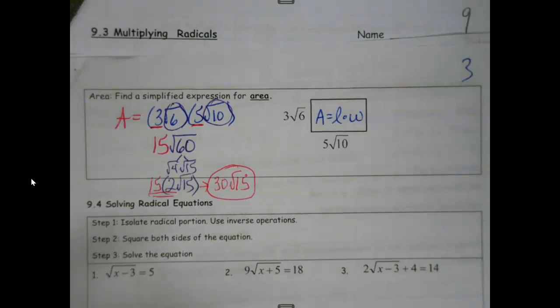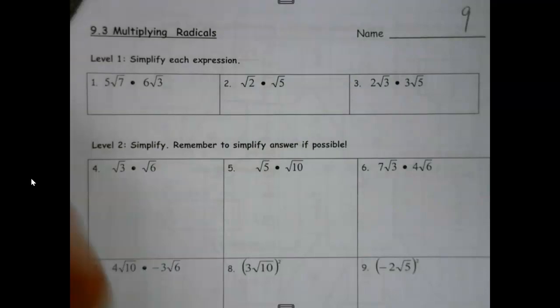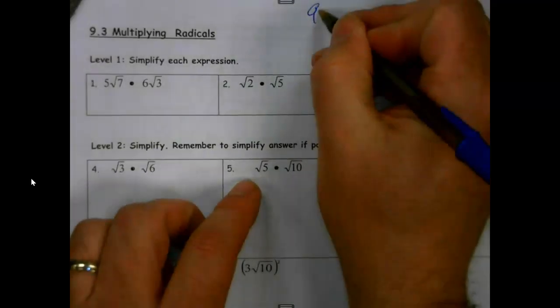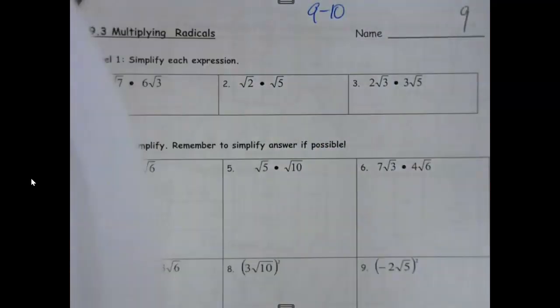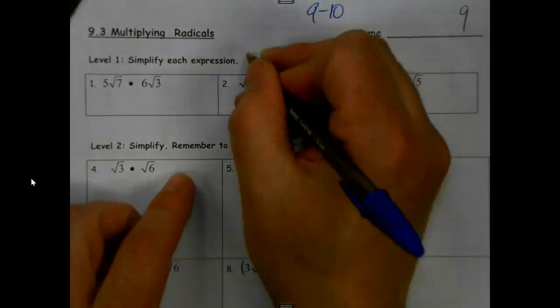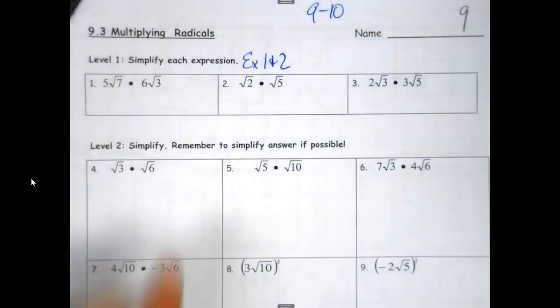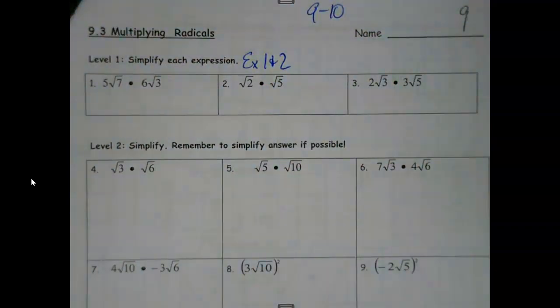So, as we normally do in these situations, we have got some practice. So we're going to be looking at 9 and 10 here. And as we have also seen in the past, our examples are going to be pretty darn similar here. So examples 1 and 2, real close to what you're seeing on these level 1s.